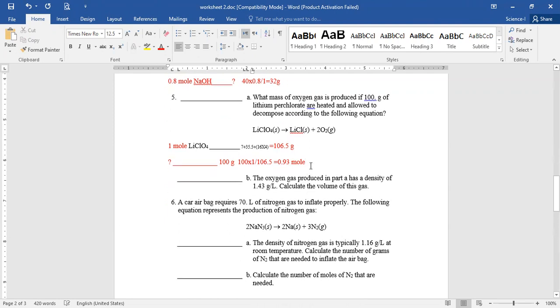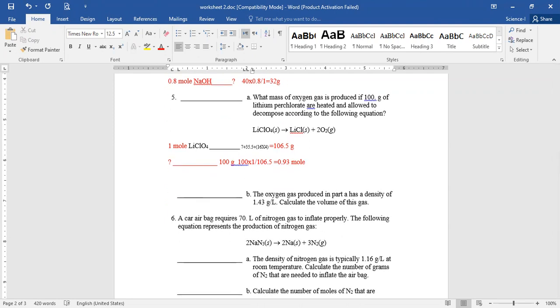So let's go back to the equation. Regarding the equation, how many moles of lithium chlorate produce how many moles of oxygen? 1 mole of lithium chlorate will produce 2 moles of oxygen. Good, so you are right.